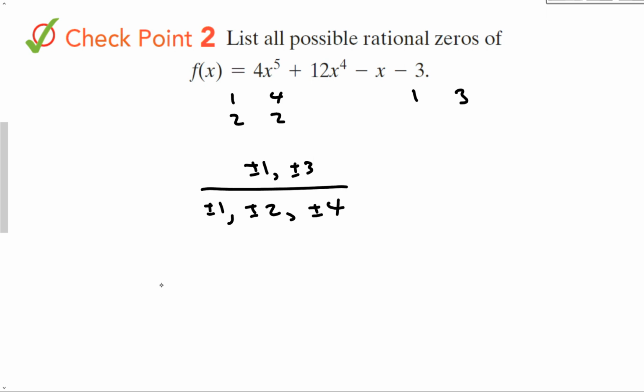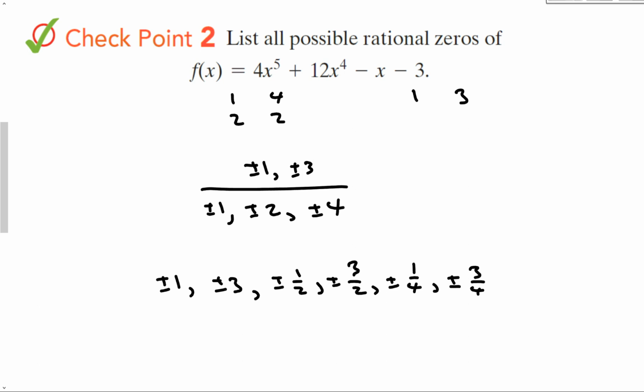Okay, so my answer becomes plus or minus 1, plus or minus 3, both of these divided by 1, plus or minus 1/2, plus or minus 3 over 2, both of these divided by 2, and plus or minus 1/4, plus or minus 3/4, both of these divided by 4. Okay, so all the factors of the constant term divided by all the factors of the leading coefficient.